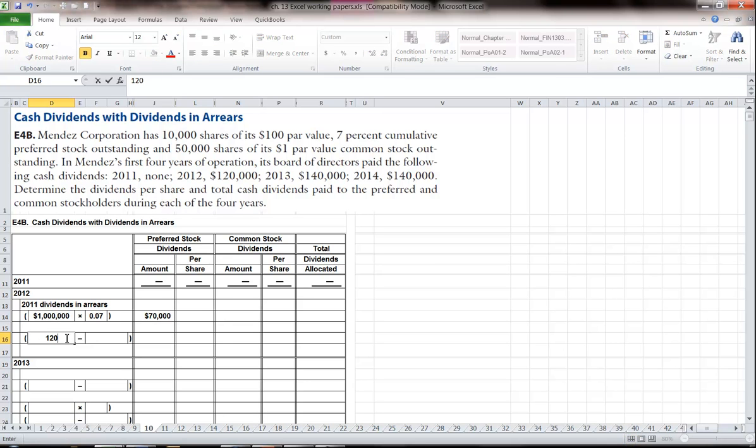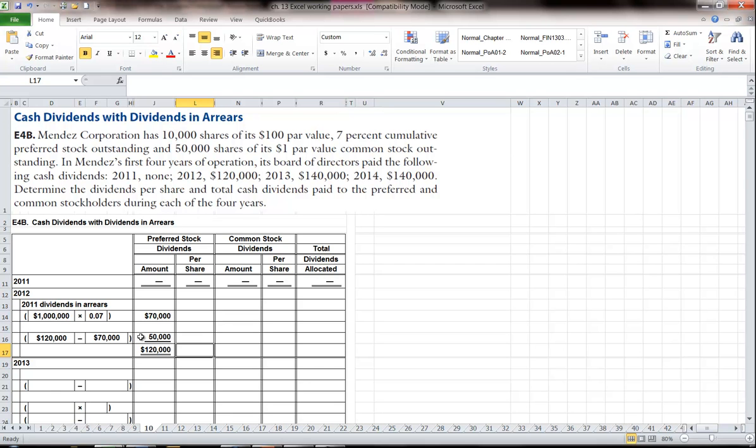So we take the $120,000 amount that was declared minus the $70,000 we have already paid out, and that leaves us $50,000 that we can pay out for 2012. So total, our preferred stockholders are going to get all of the dividends that were declared in 2012, but it represents the 2011 dividends in arrears and then the current portion for 2012.